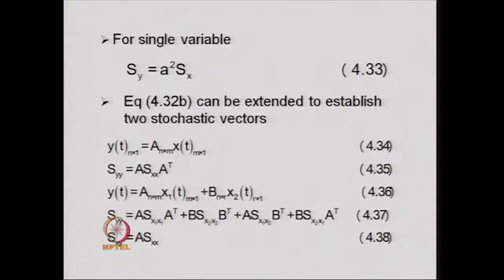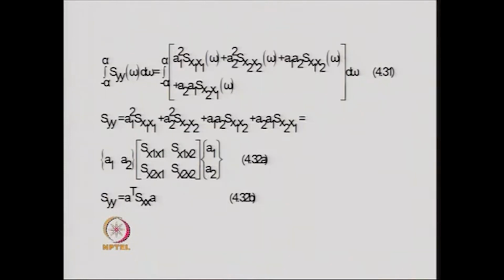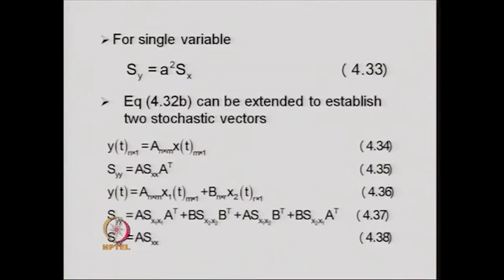This equation which we have derived before, that is Syy is equal to At into Sxx A, can be generalized for a vector relationship, that is the relationship that exists between two vectors y and x.